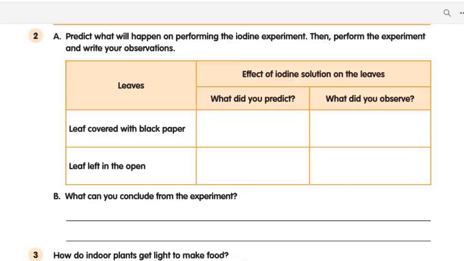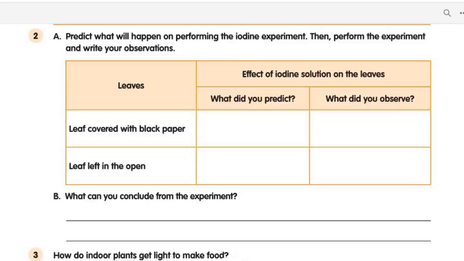The answer for what did you predict can be changed by your thinking. The answer may be it will or will not change color. Okay. What did you observe is leaf covered with black paper did not change its color. Leaf left in the open turned into blue-black color.